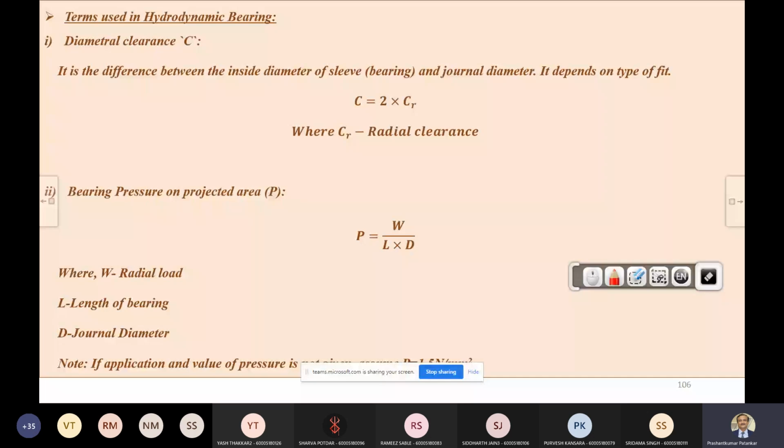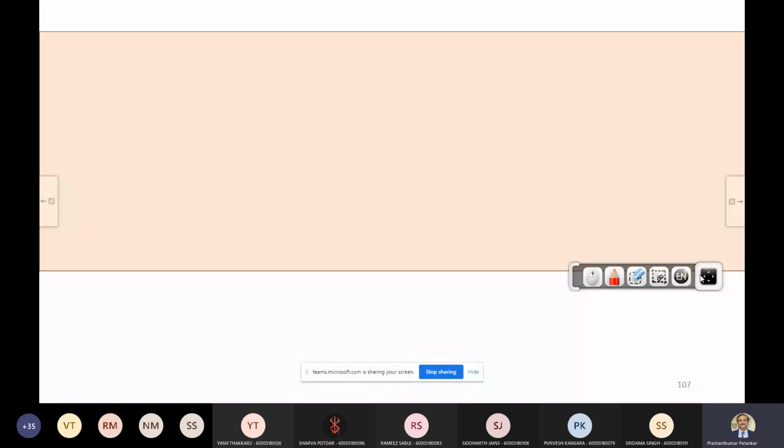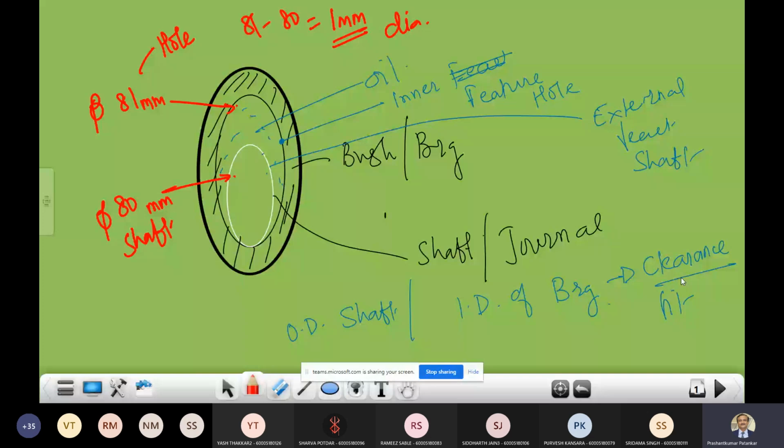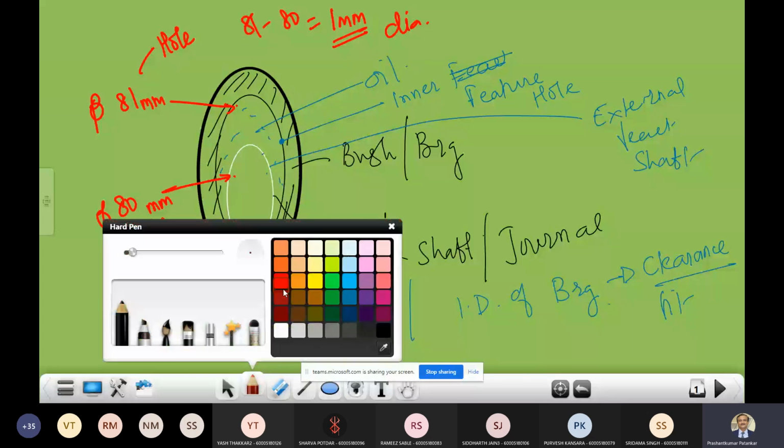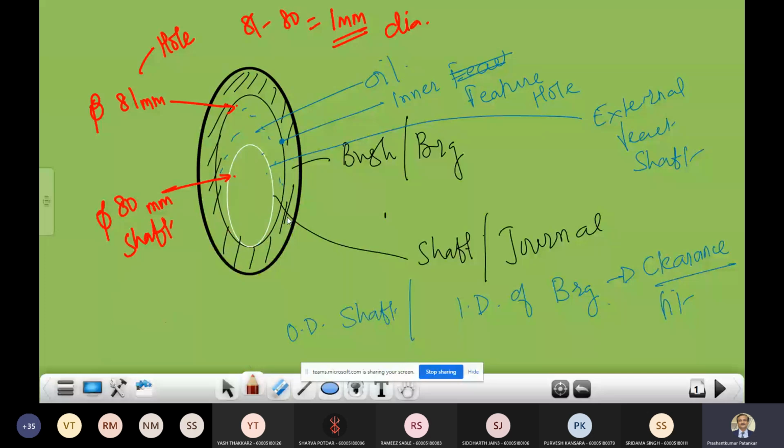Then after that, the next term I want to talk with you about is eccentricity. From this particular figure, you will understand what eccentricity is. Suppose this is the center of your shaft, and this is the other center, which is the center of the bearing.